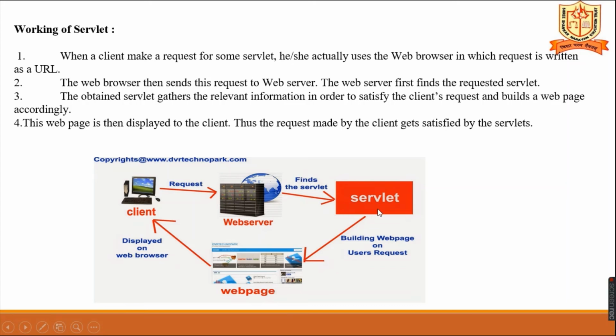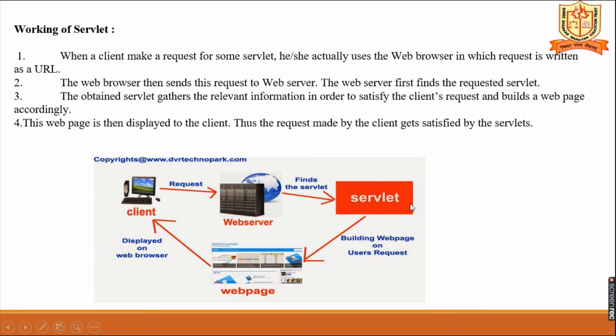Which page you want to open? That servlet builds the web page on the user's request, and the web page will be displayed on the web browser of the end user. Is it clear? The web browser then sends the request to the web server. The web browser will send it to the web server.